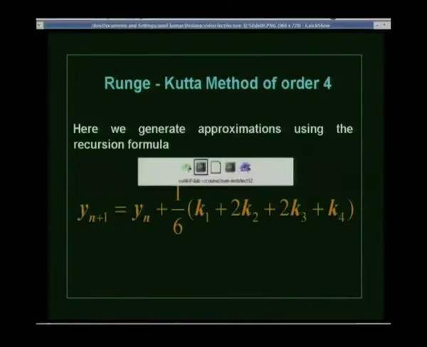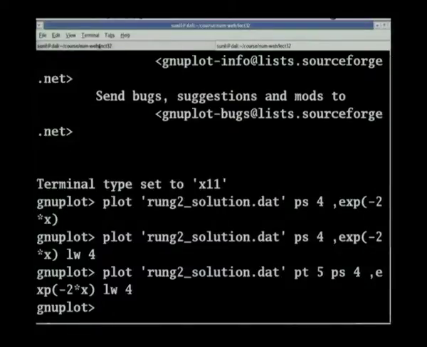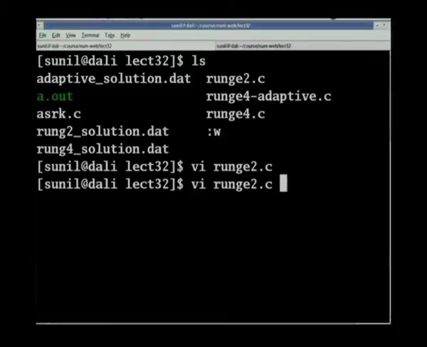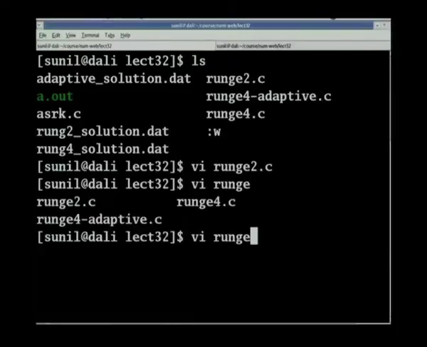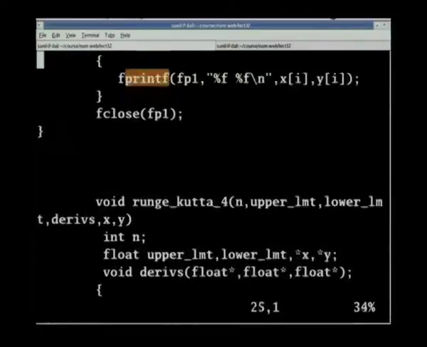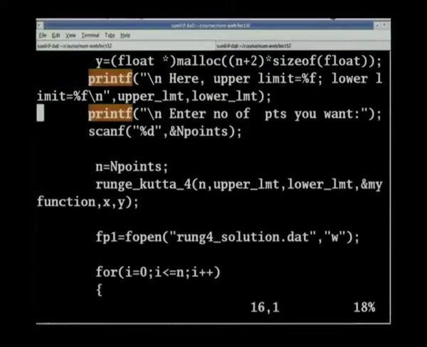Okay, we can see this also implemented in this simple code. The code is very similar to what we just used, not different. The first part of the code is the same.